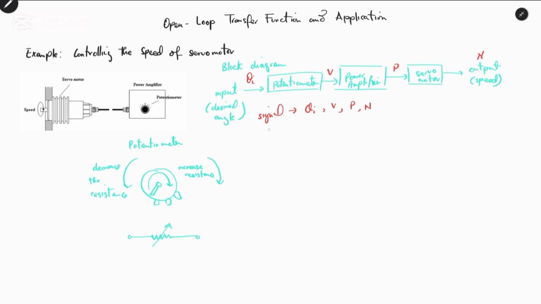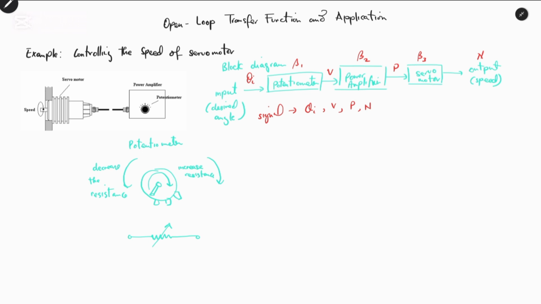Also we have beta 1, beta 2, and beta 3. Those represent the gain of the system. A potentiometer can be regarded as one system, the power amplifier as one system, and the servo motor as one system.